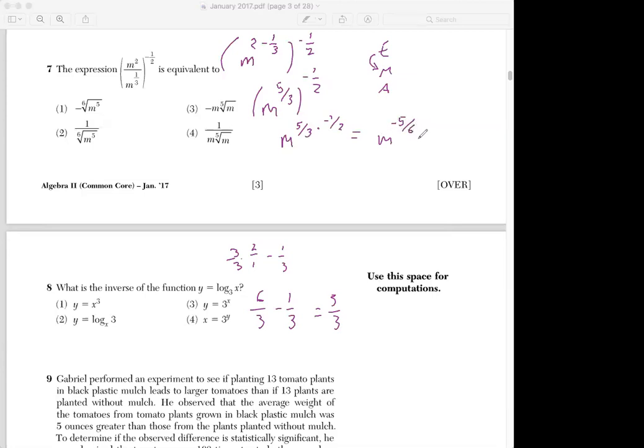When we have a negative exponent, we can flip it. So this becomes 1 over m to the positive 5/6. And let's see, we rewrite this in radical form, and it's 1 over the, remember the denominator is the radicand, 6th root of m to the 5th. Answer is choice 2.